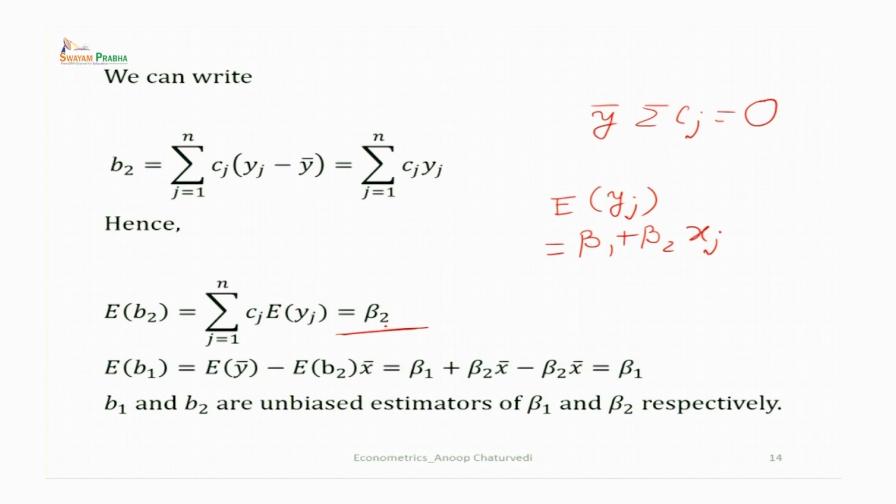So b 2 is an unbiased estimator of beta 2, and the expected value of b 1 is equal to the expectation of y bar minus the expectation of b 2 times x bar.